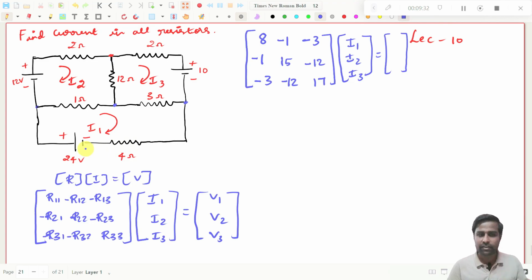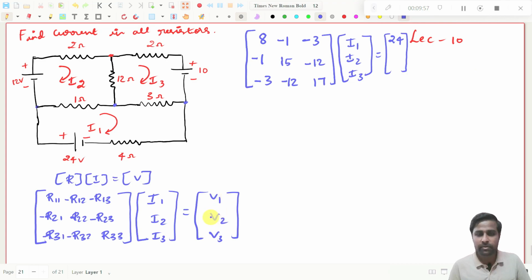We are traveling from minus to plus, then it will be 24. Then we don't have any other voltage sources, so plus 24. If there were a voltage source here, say plus here, minus here, 10 volt, then we would have traveled from plus to minus, so we have to subtract that value and it would be 14 volt, like that. We don't have it here, so no problem, right?